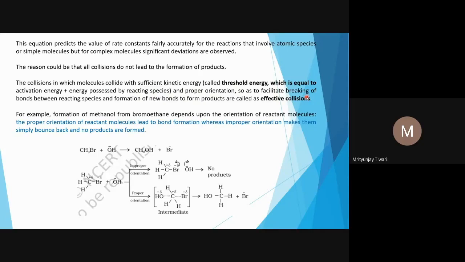So this effective collision includes kinetic energy equal to or more than the threshold energy, meaning activation energy plus the normal energy of the reacting species, plus a proper orientation.